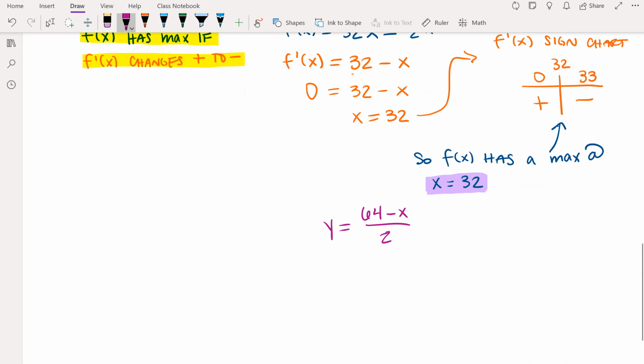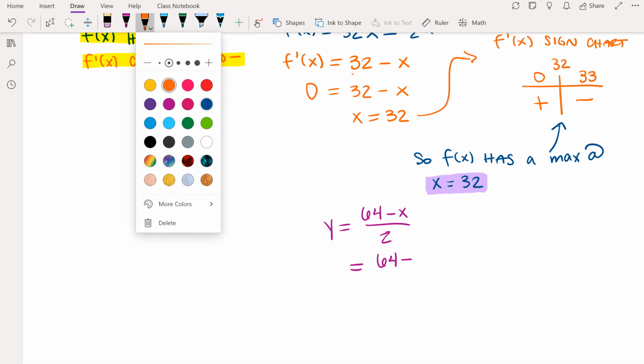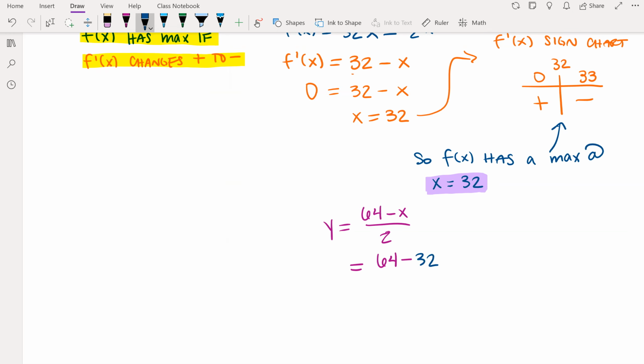Let's plug in our x now. y equals 64 minus 32, which is 32, divided by 2 is 16.